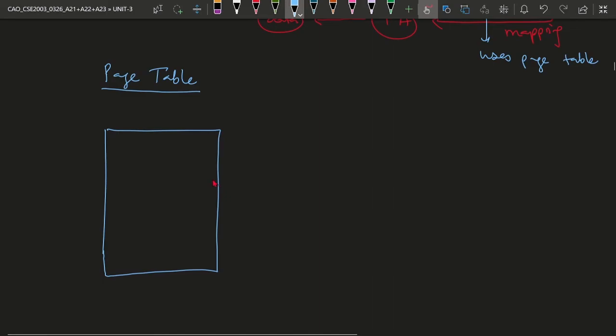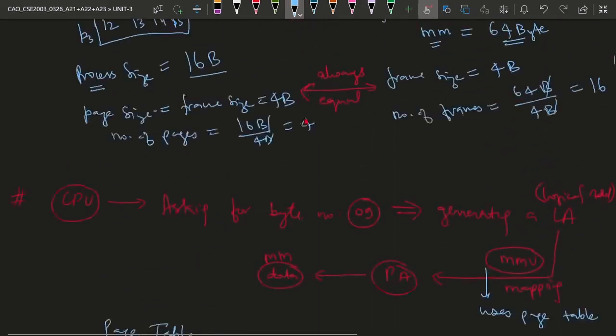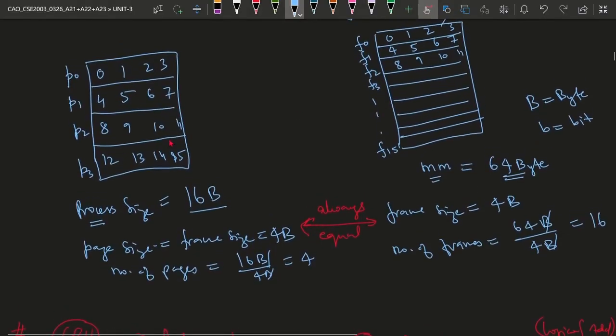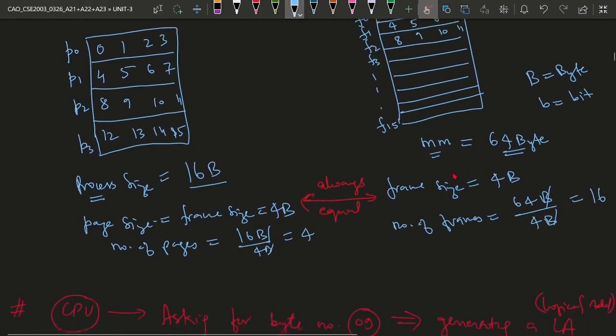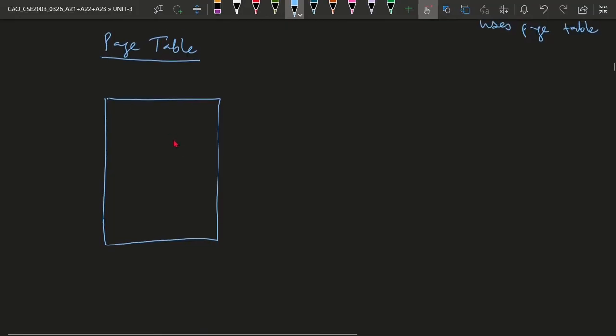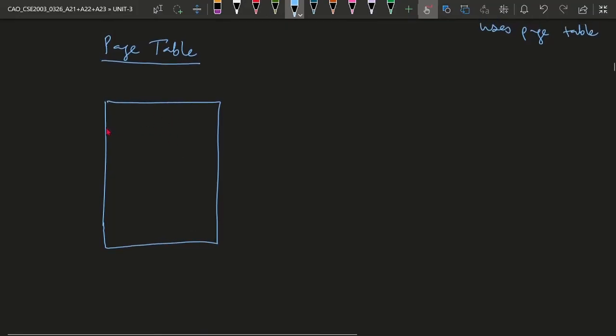Okay, so what is the page table? With the help of the previous case we have seen, the size of the process and the size of the main memory are there. With respect to that, there will be a page table. The page table will have the page number.